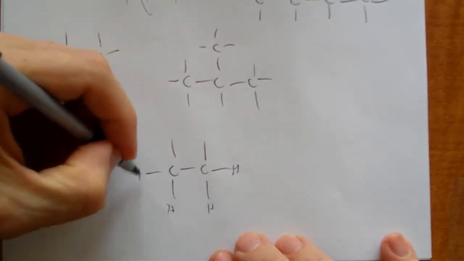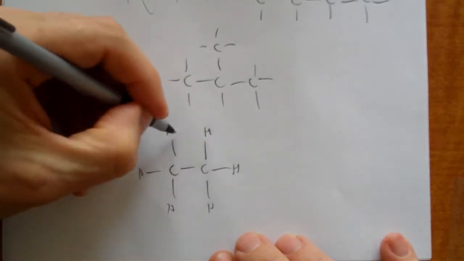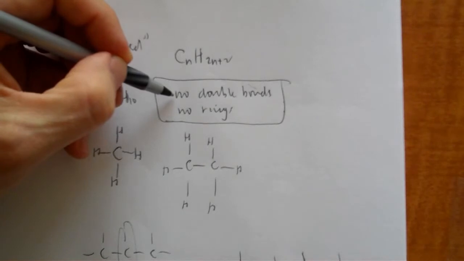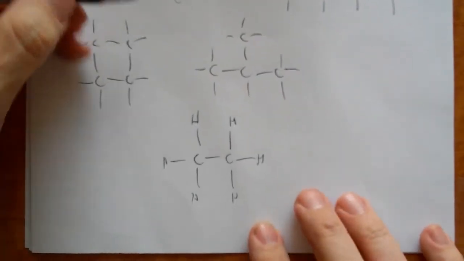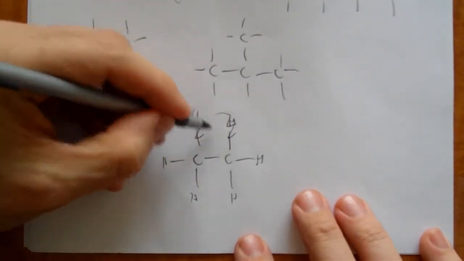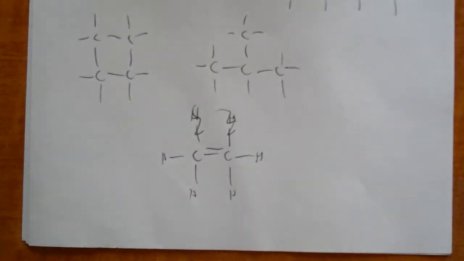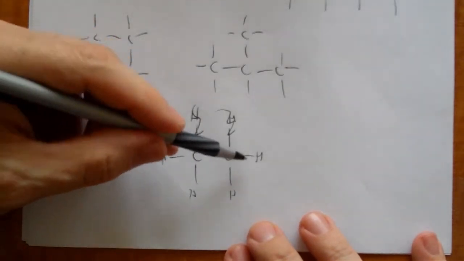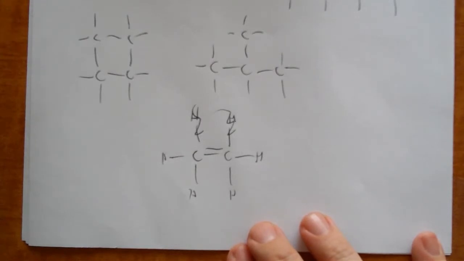For every degree of unsaturation, we're going to be taking away 2 hydrogens. Okay? So a degree of unsaturation would be a double bond or a ring. If we take away 2 hydrogens and put a double bond there, then we have 1 degree of unsaturation. Okay? You can see I still have 4 bonds to my carbons.